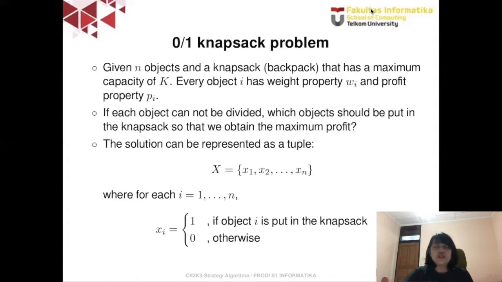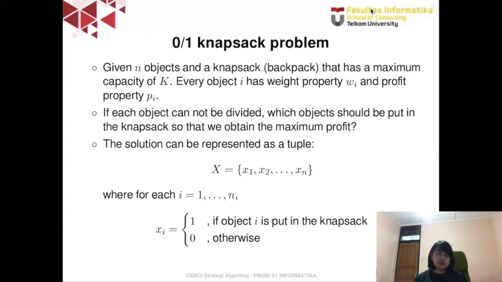So you should already be familiar with the discrete knapsack problem. Basically we are given objects and also a knapsack, and the knapsack has a maximum capacity of K, let's say, and every object i has a weight property Wi and also a profit property Pi, and each object cannot be divided.